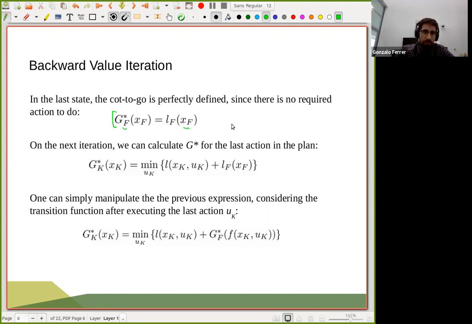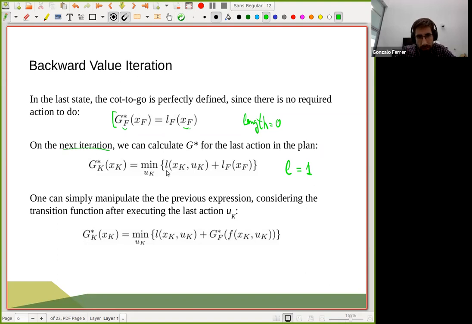Now, the thing we can do is another iteration, right? And for this iteration, we are going backwards. Now, instead of evaluating length 0, we are going to calculate the optimal cost to go for length 1. And for this, we are just applying the definition.